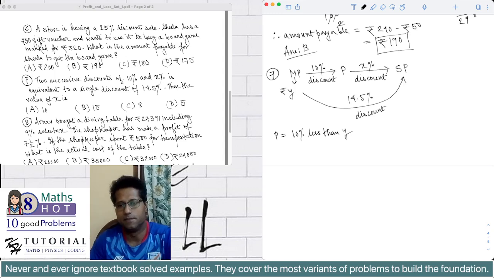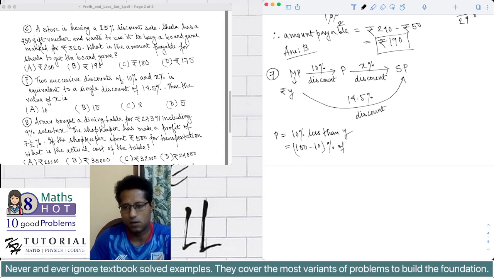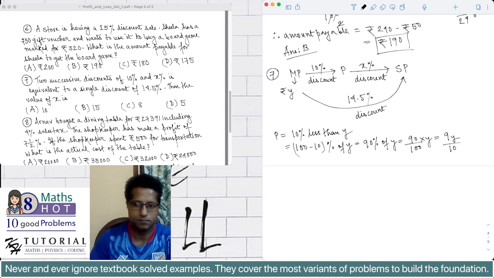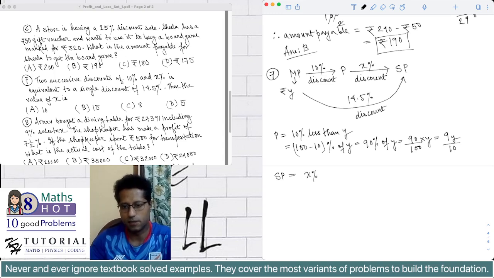This is equal to 100 minus 10% of y, which is 90% of y, which is 90 by 100 multiplied by y, which is 9y by 10. P is this. Now on P there is a discount of X%, so SP will be X% less than P.